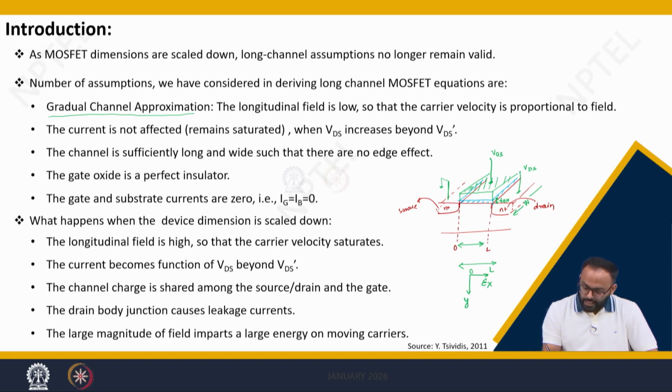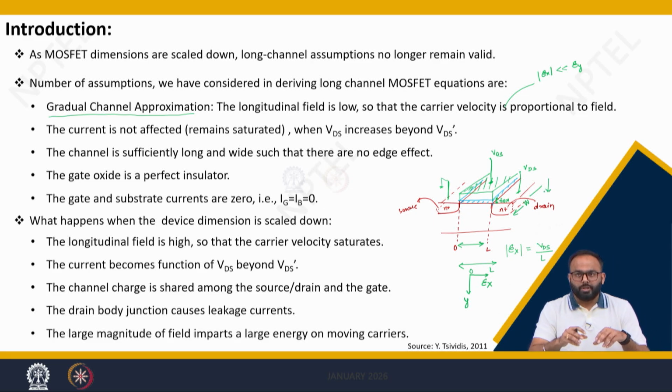So, if L is too large, then what will happen? The electric field in the x direction will be small, because in general the electric field can be given by Vds divided by L, which is a horizontal electric field, right. This is small. So, the gradual channel approximation is the first approximation with which we started our theory, or with which we started our modeling. We considered that Ex is less than Ey, where Ey is the vertical field.